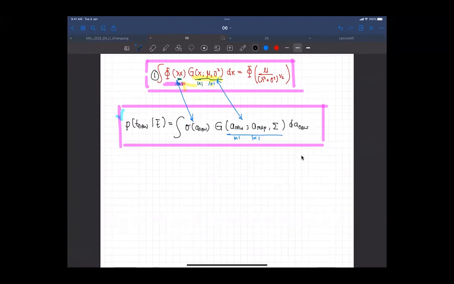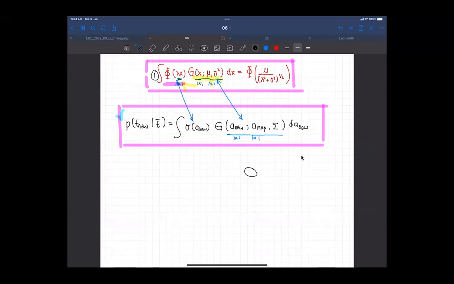So now let's solve this problem. Yeah, it is a scalar. Capital sigma has to be 1 by 1.